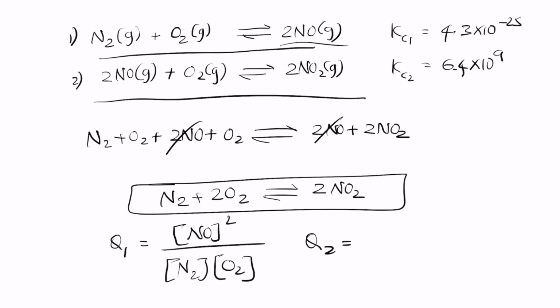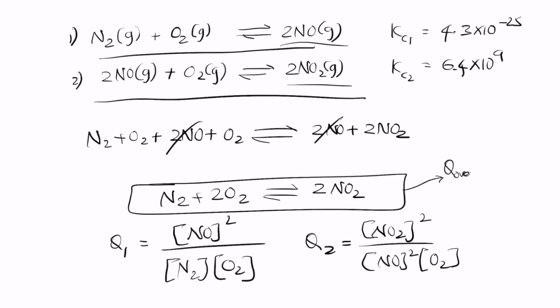Hmm, and you have Q2, which is going to be NO2 square over NO square times O2. Now what is Q overall for this reaction? So for this reaction it becomes NO2 square over N2 times O2 square.